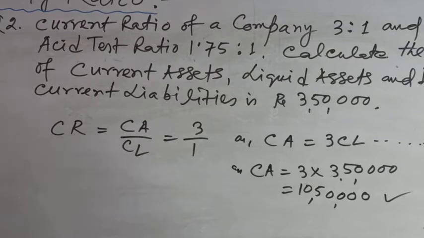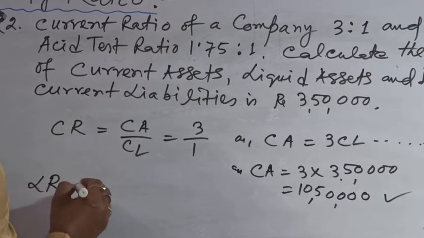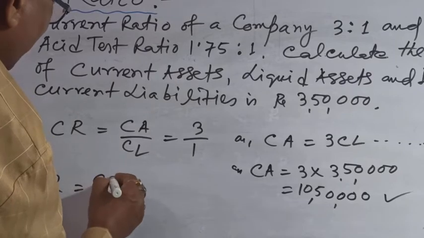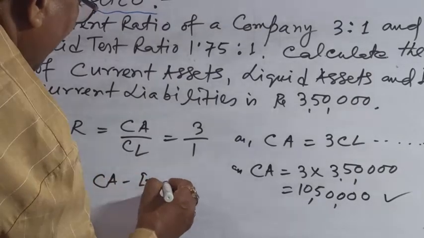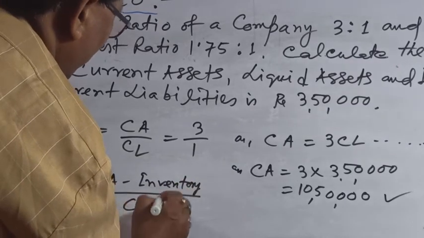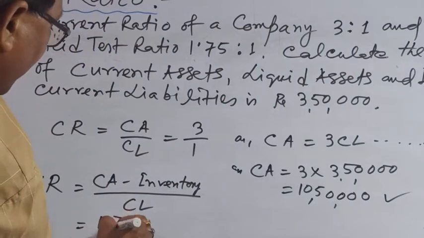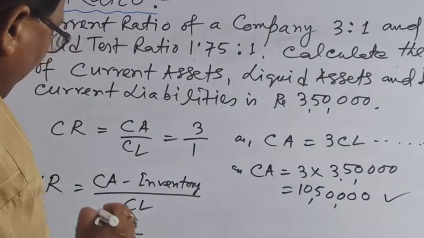Now then another ratio, liquid ratio, is given. Liquid ratio, short form LR, is CA minus inventory by CL. But in this, the ratio given is 1.75/1.